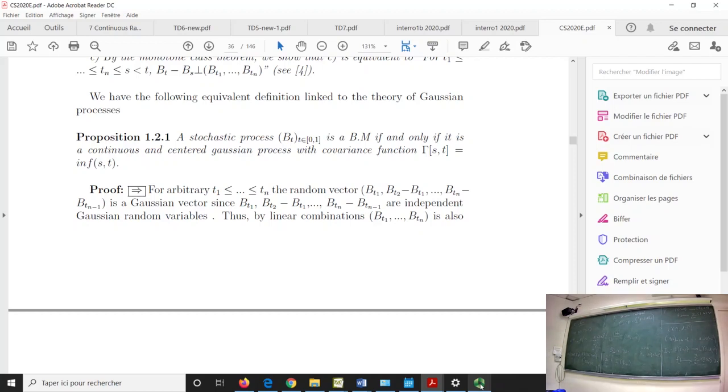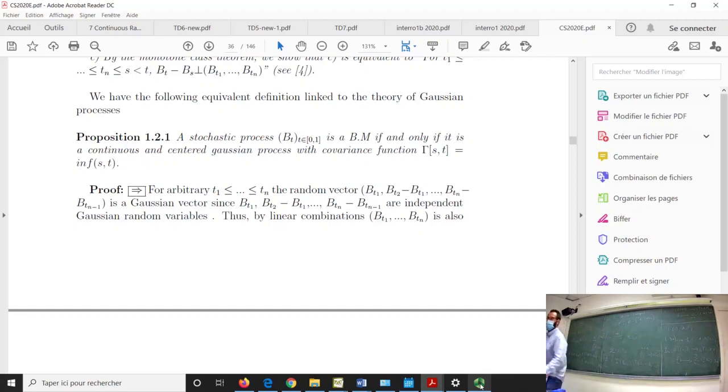What I know about I is that it is linear. I is a linear mapping. So I can write the sum of the lambda i B_ti as I of the sum from i equal to 1 to n of lambda i times the indicator function of [0,ti].